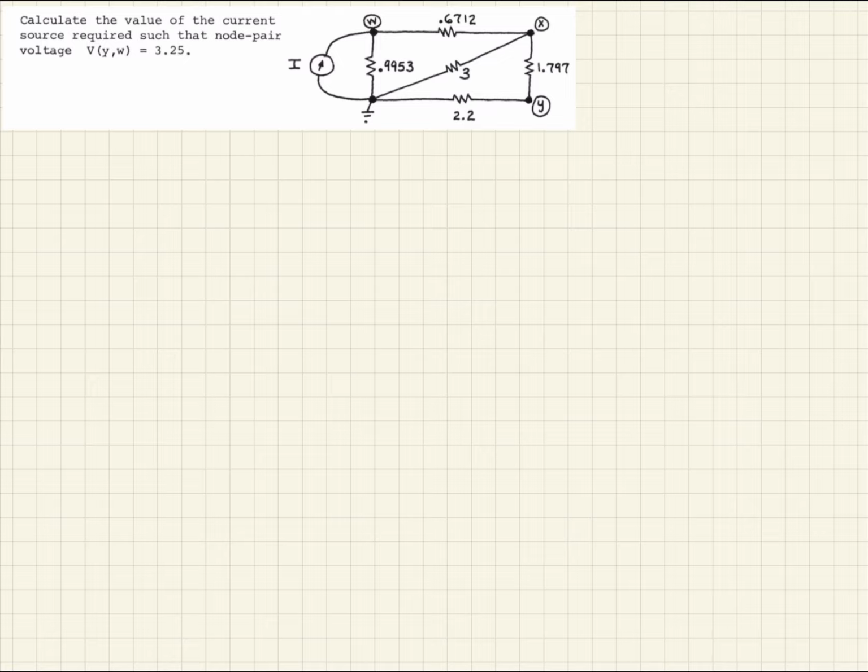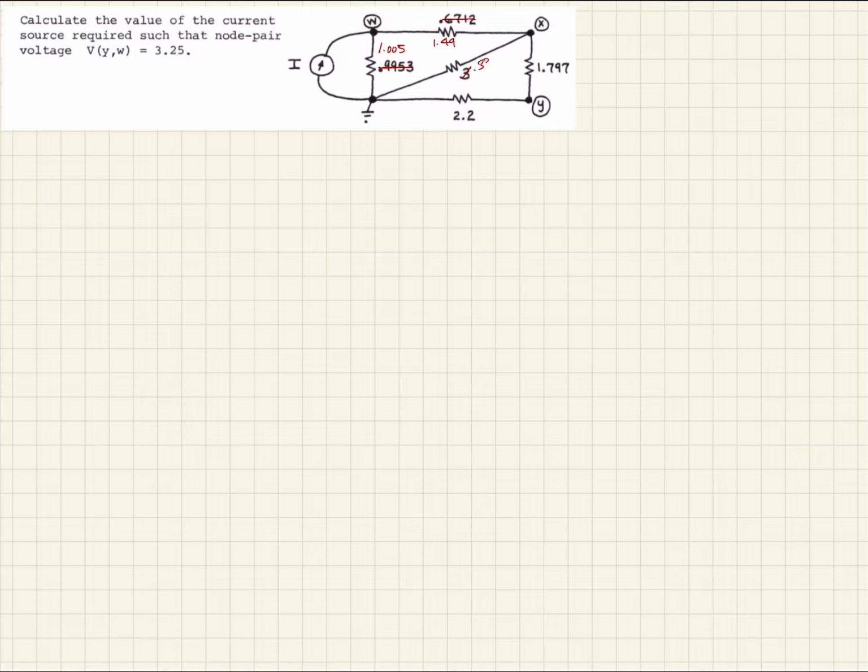If we were to do that, I'll just write them on here. If we take the reciprocal of 0.9953, that's going to be about 1.005. If we take the reciprocal of 0.612, that comes out to be about 1.49. Of course, 3 is easy.